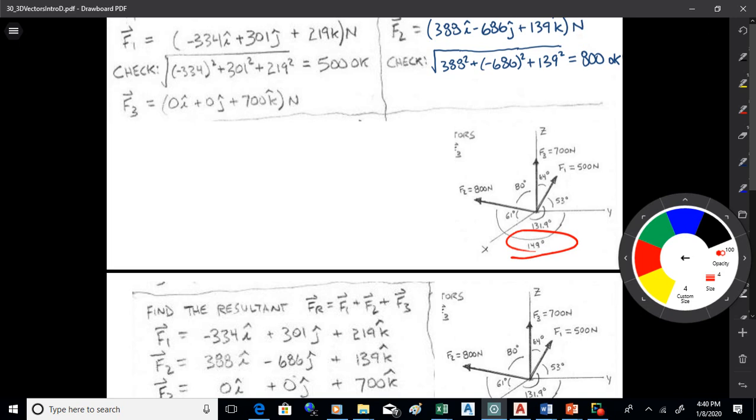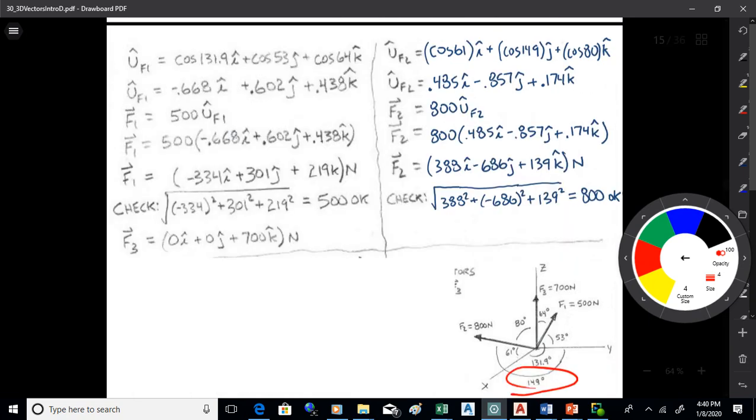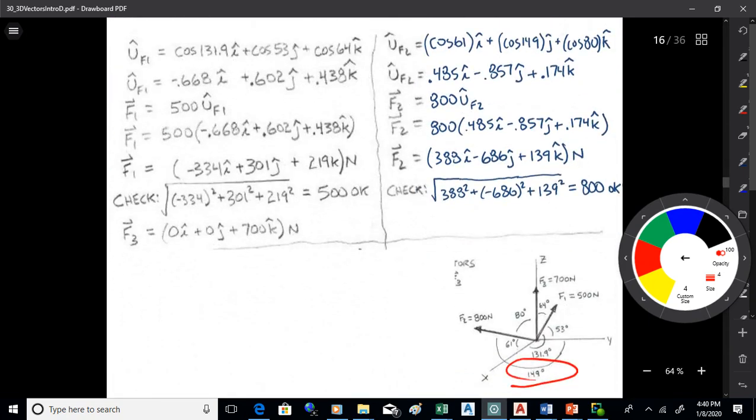So the good news is it's a rather straightforward process. If you've got the angle with the positive x-axis, just take a cosine of it and go with it. That's all you've got to do. Okay. We good with that? Any other questions on that one? Okay.